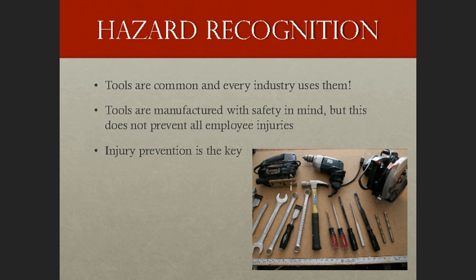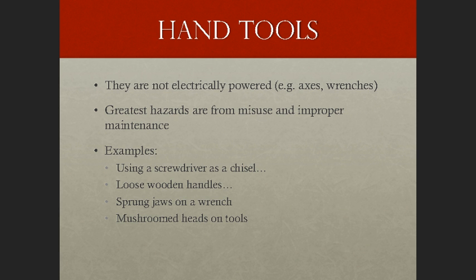In the process of removing or avoiding the hazards, workers must learn to recognize the hazards associated with the different types of tools and the safety precautions necessary to prevent those hazards. So, as you can tell, injury prevention is indeed the key.